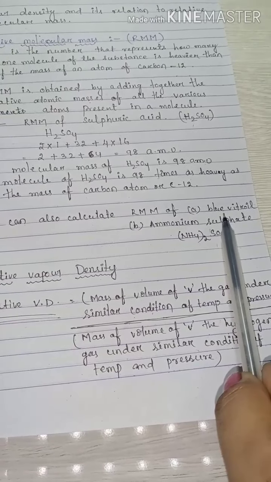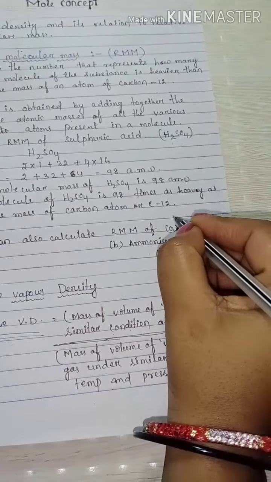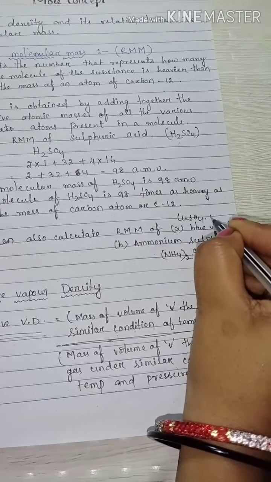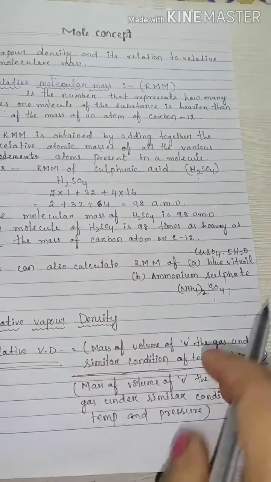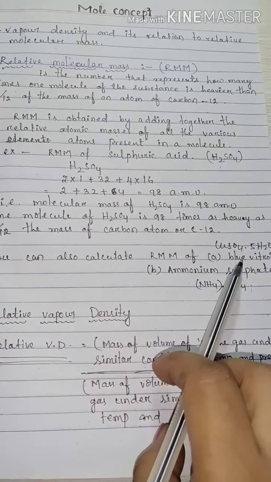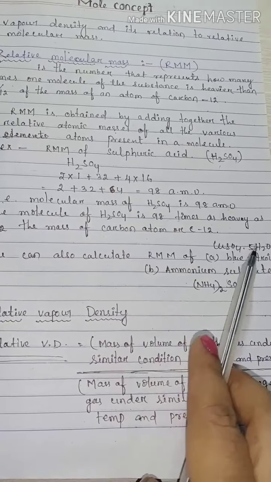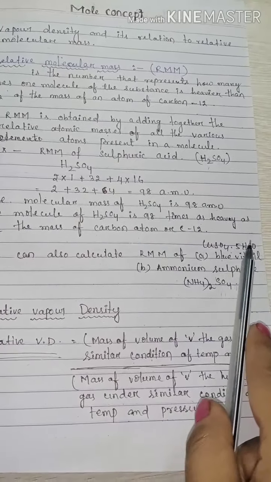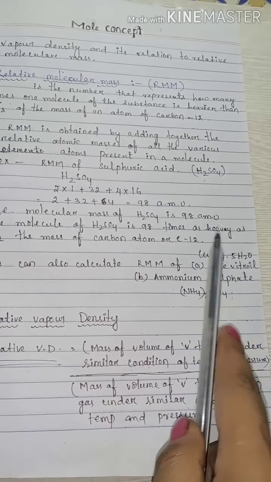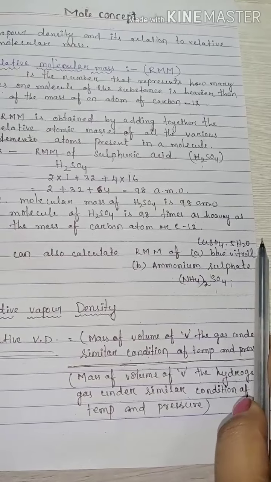Blue vitriol is CuSO4 dot 5H2O, that is CuSO4 with 5 molecules of water. First you calculate the molecular mass of copper sulfate, then the mass of 5 molecules of water, and add both together.